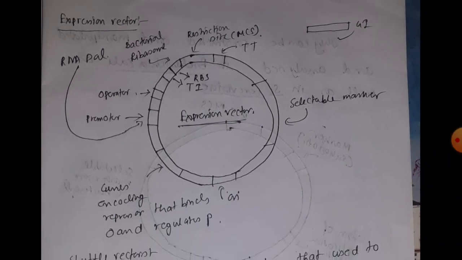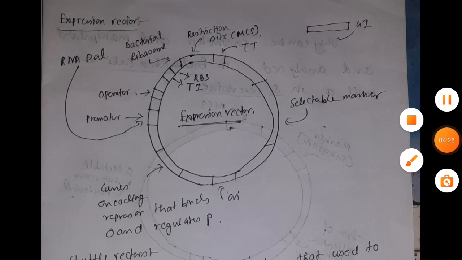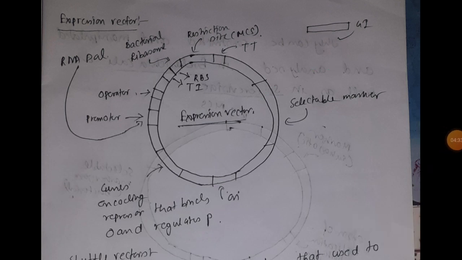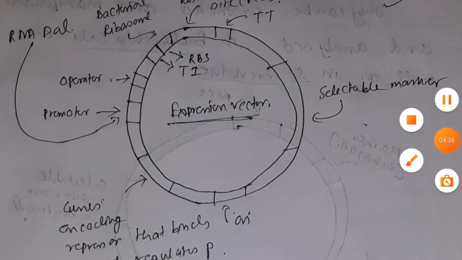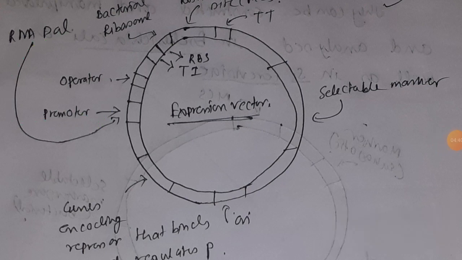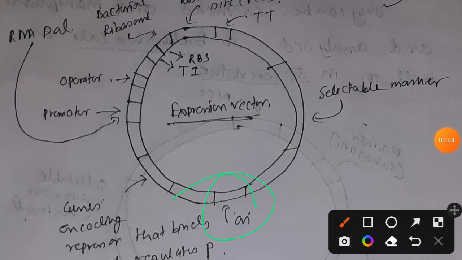When we deliver this gene of interest containing vector inside a host, what will happen? Let's talk about this from the beginning. First of all, from the origin of replication, with the help of DNA polymerase, replication will occur, right?